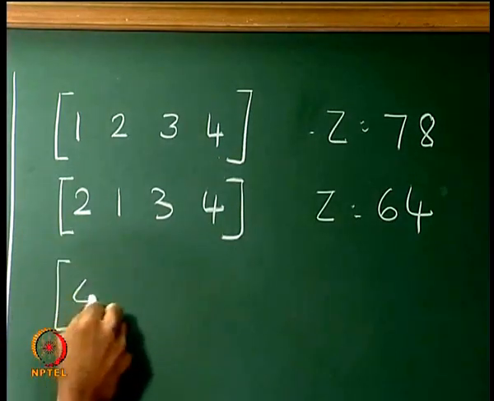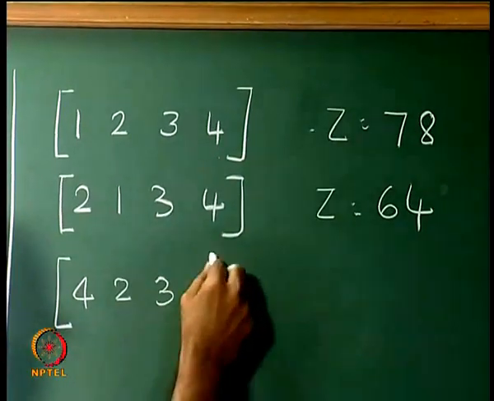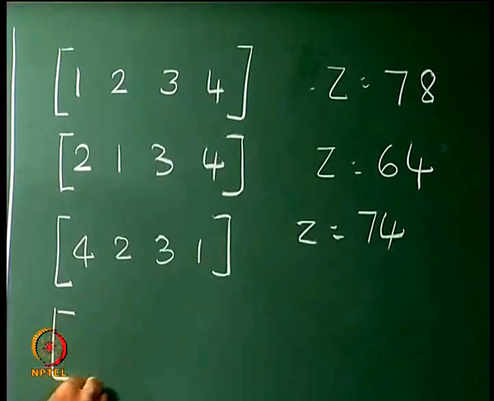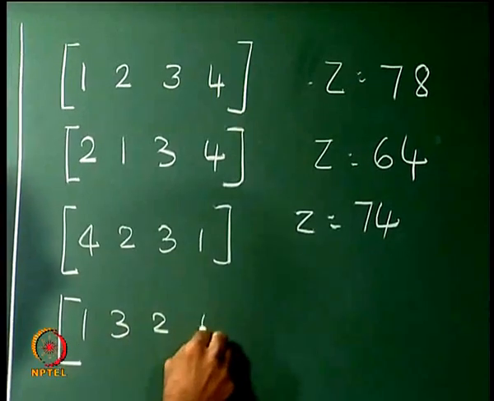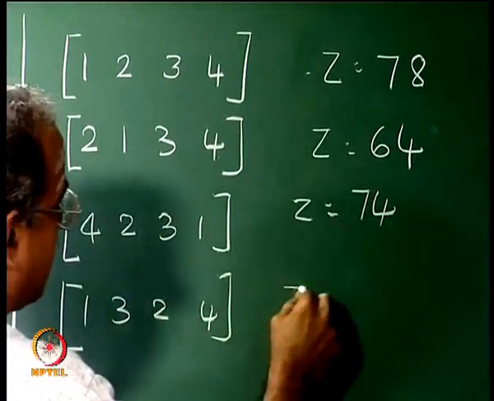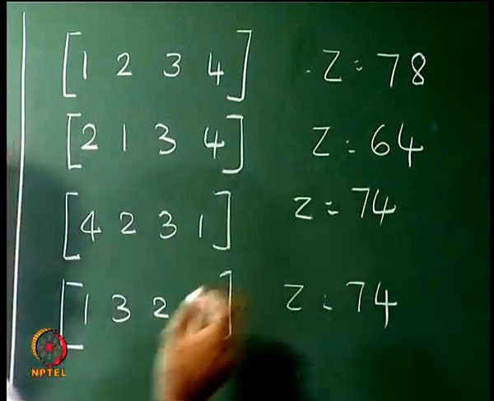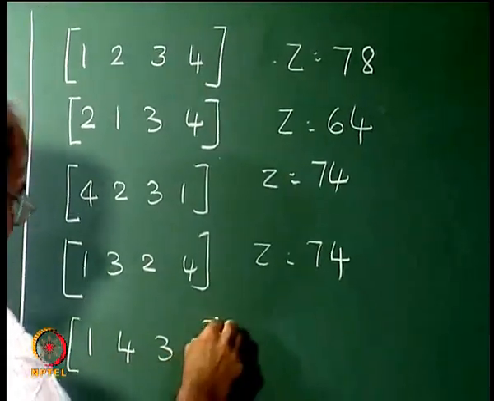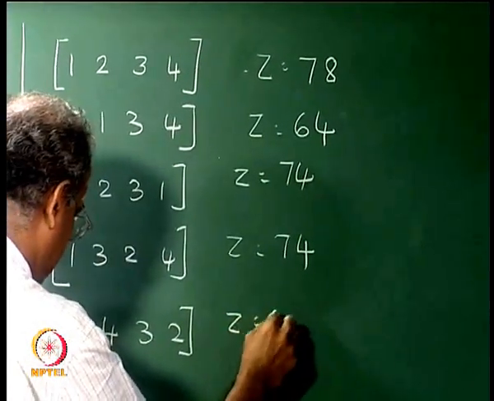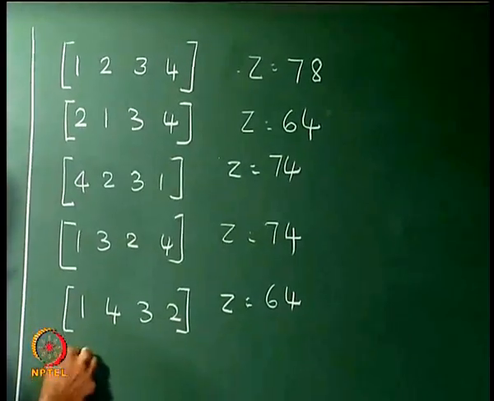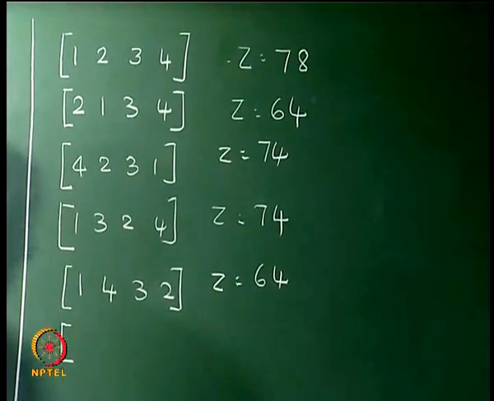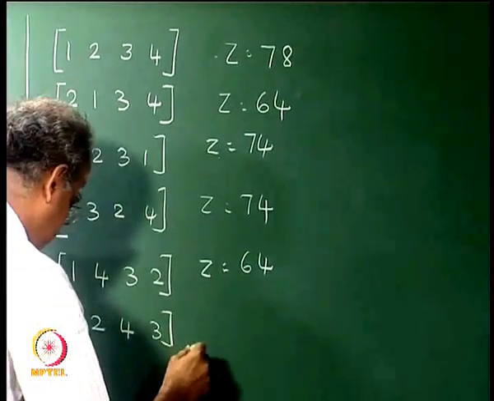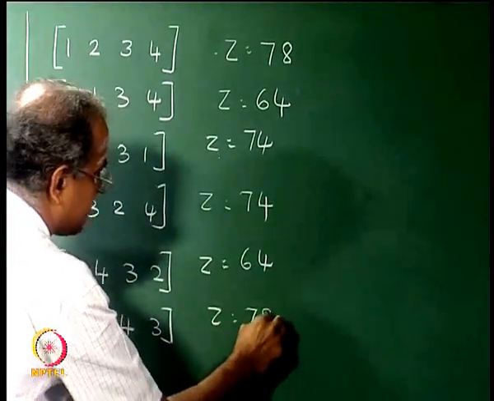We could do 4, 2, 3, 1, which has z equal to 74. We could have 1, 3, 2, 4 with z equal to 74. We could have 1, 4, 3, 2 with z equal to 64, and we could have 1, 2, 4, 3 with z equal to 78.